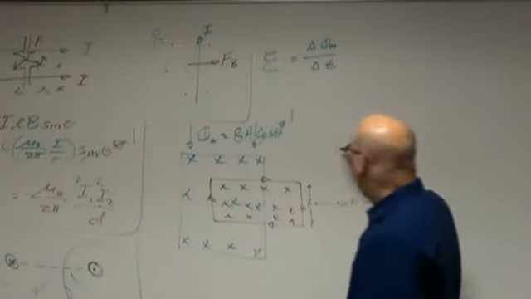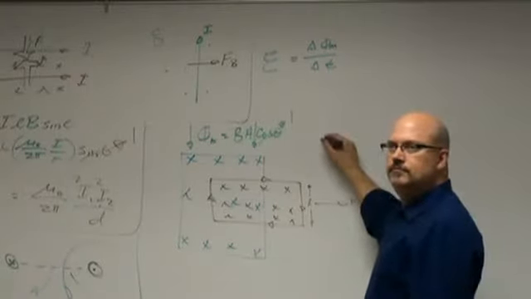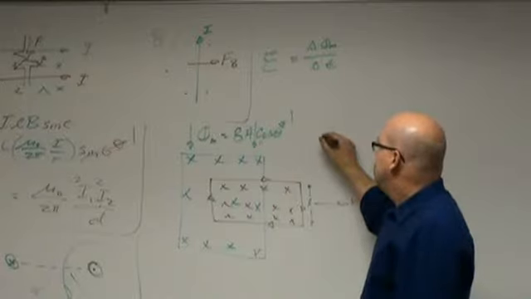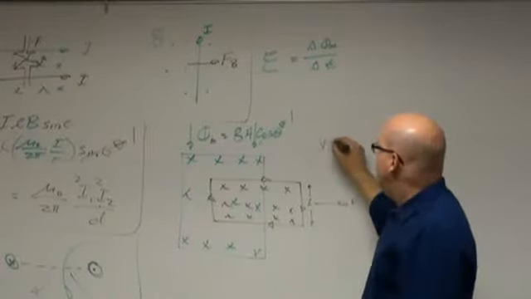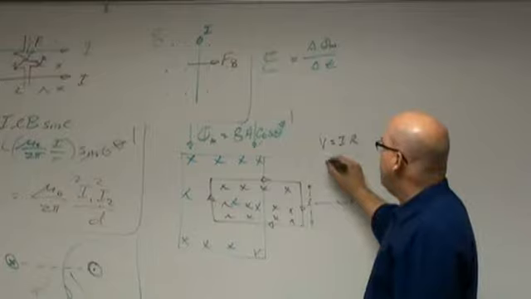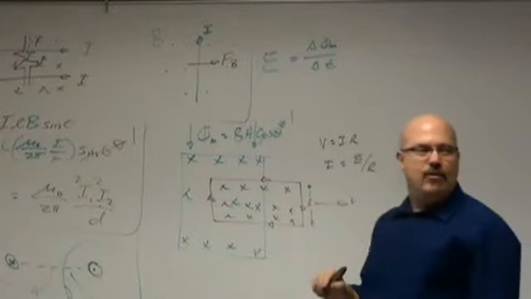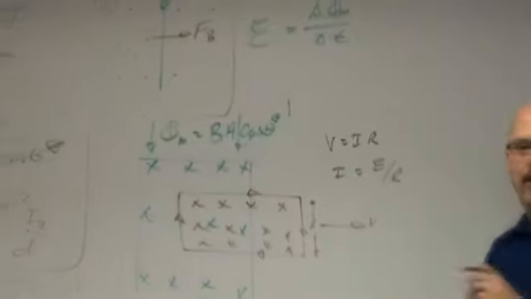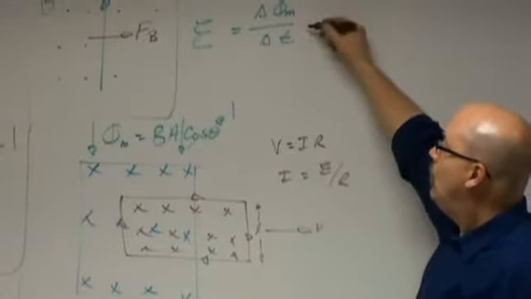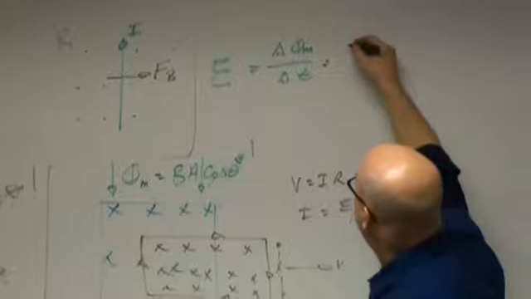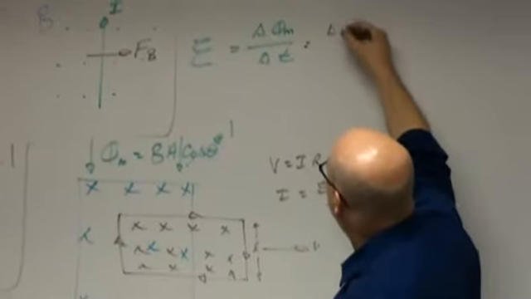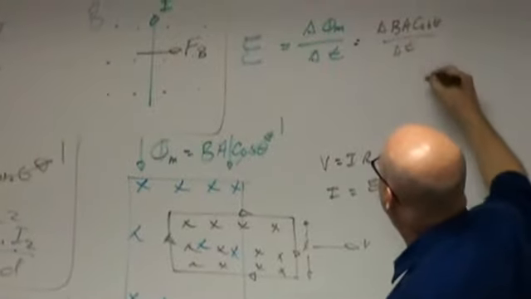How do you find current? It's V equals IR, or in our case, I equals EMF over R. They give you the resistance of the wires R, so we have to find the EMF. How do we find EMF? The change in flux, BA cosine theta, with time.